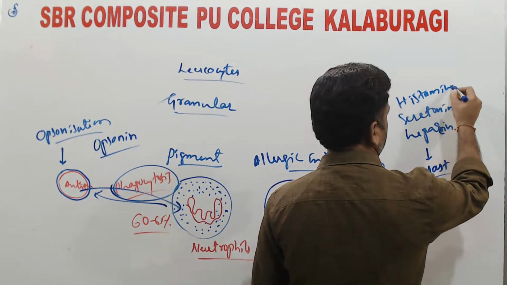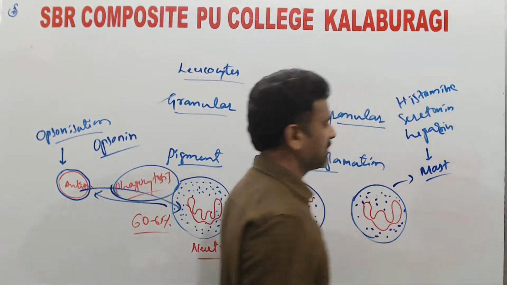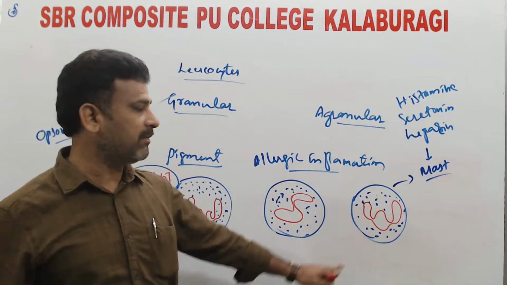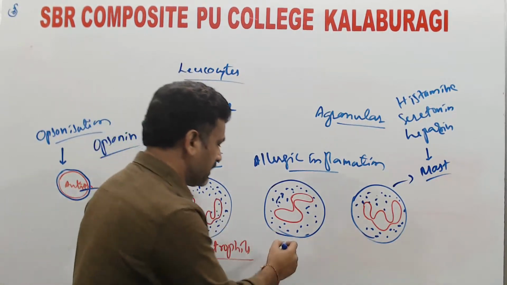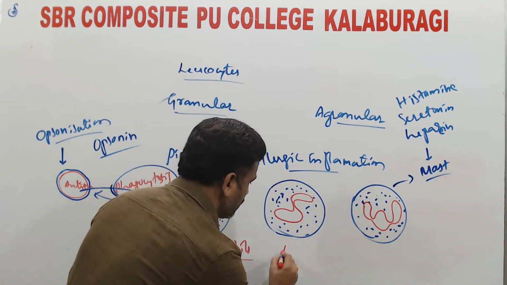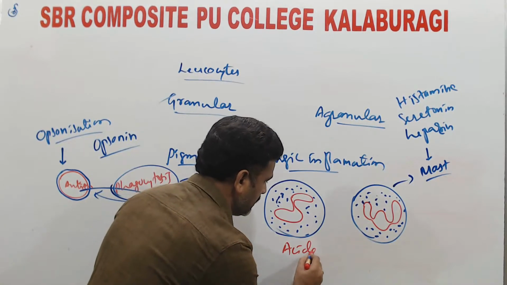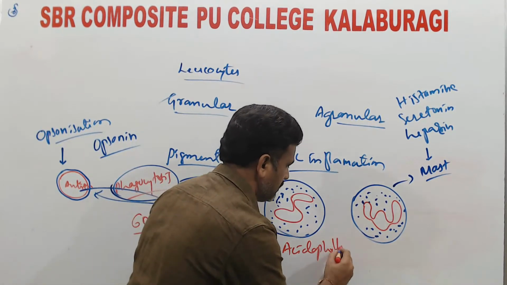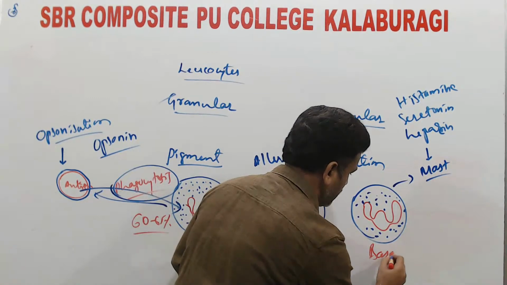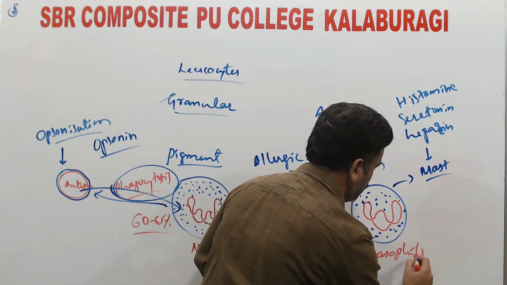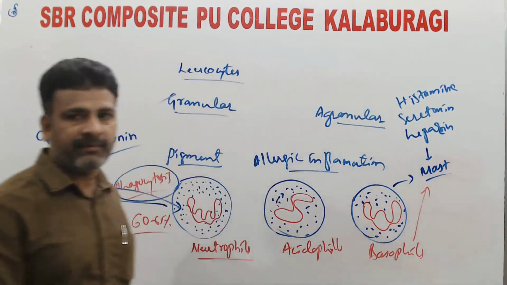These are the three chemicals secreted by the mast cells, but these mast cells are modified from the basophils.